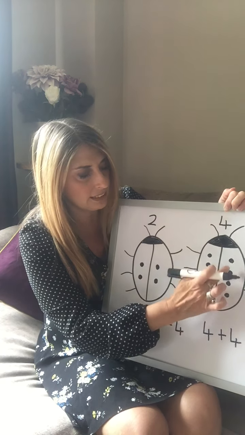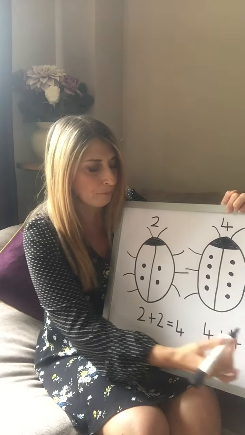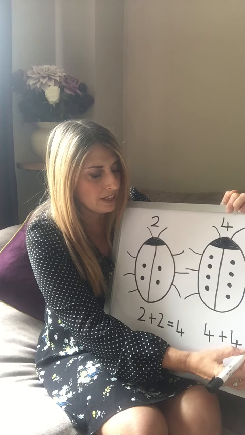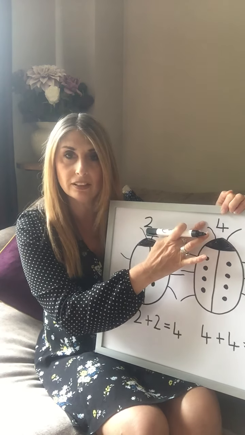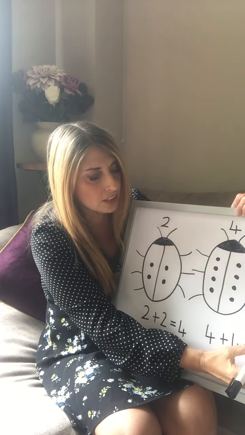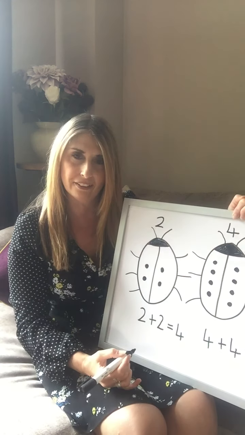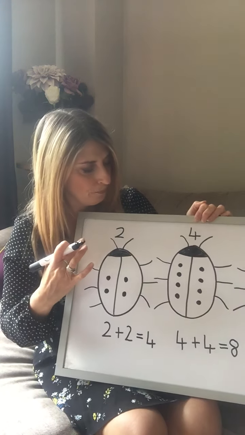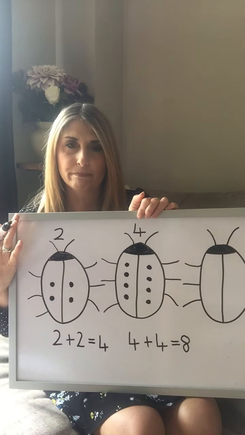And we know that because on this side, there's 4 as well. And then we know that double 4 we've just said is 8. So I'm going to put 8 there. Okay? So double 4 is 8.